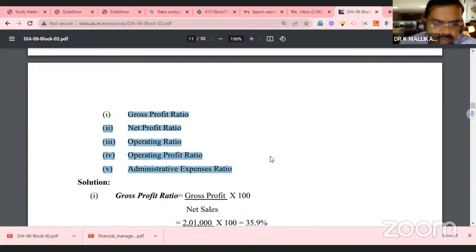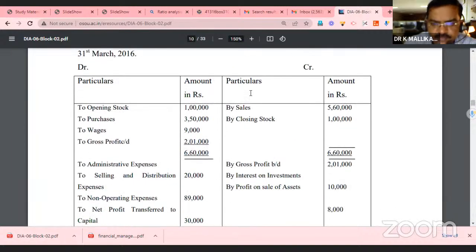What's the gross profit here? 2,01,000 divided by, what's the sales? 5,60,000 into 100. Very simple. So your gross profit ratio is over.